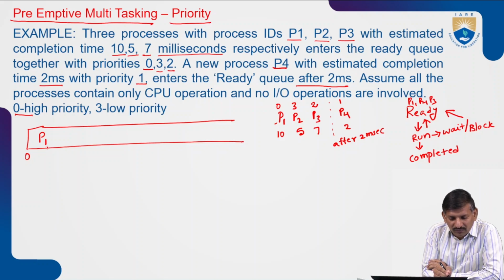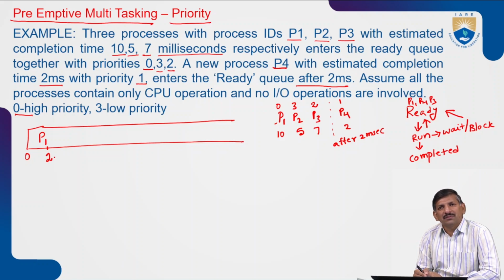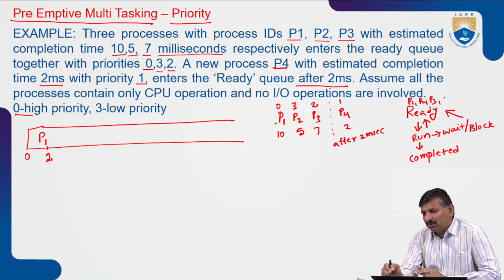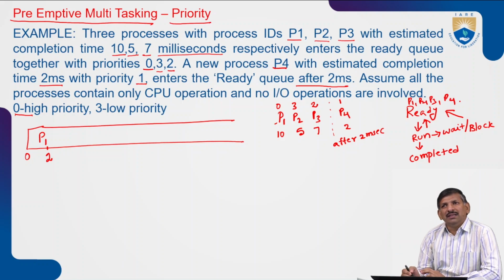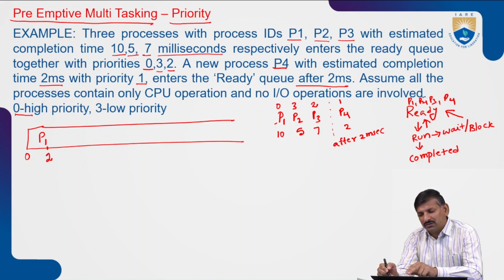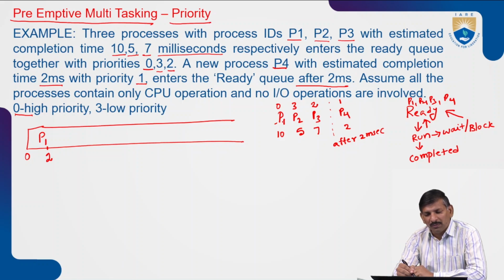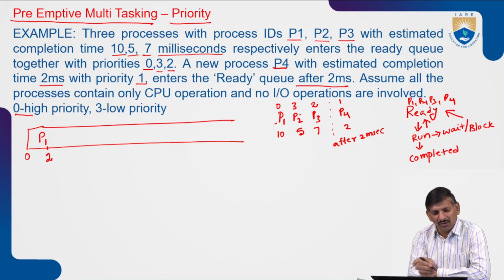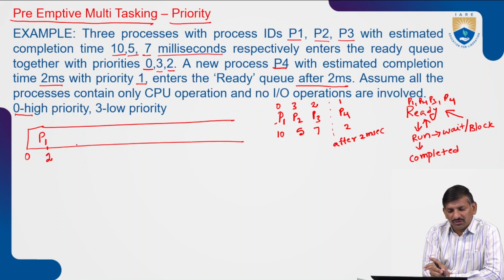At the time of 2 milliseconds, P4 enters into the ready state. P4 priority is 1, P1 priority is 0. Among these two, P1 has the highest priority, so P1 execution continues. Its execution time is 10 milliseconds.